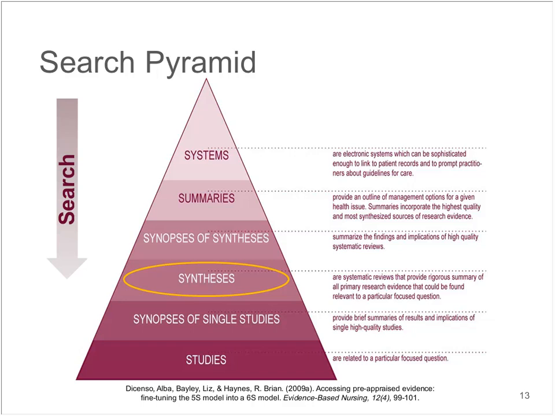And then we have our syntheses, of which there are a number of organizations around the world that conduct syntheses. And then we move down from there to synopses of single studies, and then our single studies. And so the tool, the Anatomy of a Systematic Review fact sheet, is really specifically about syntheses, and we can see here is right in the middle of the pyramid.